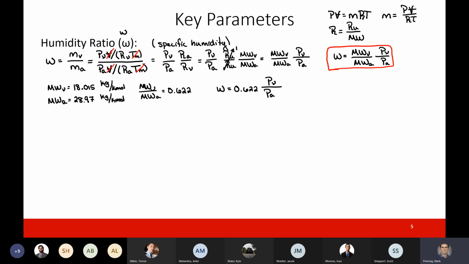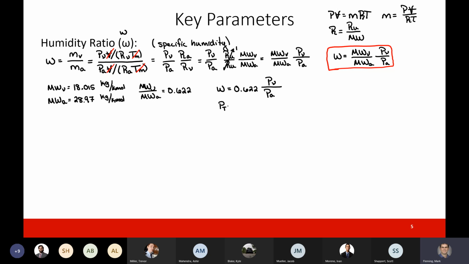If we think about air inside of our HVAC ducts, it's pretty close to atmospheric. Think about any air that's exposed to the outside of the building, for the most part, it's atmospheric. We could adjust it a little bit based on elevation, but that's probably atmospheric. So that's going to be easier to measure as our total pressure.